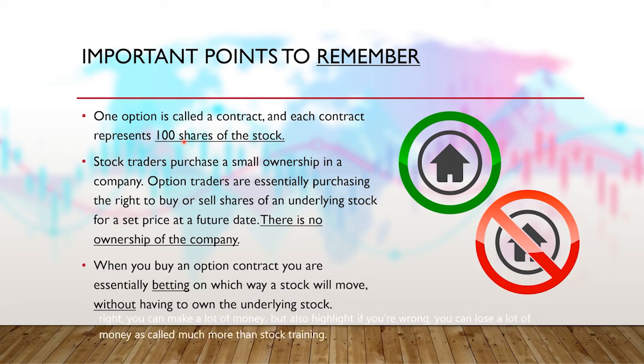So stock traders, as we talked about earlier, purchase a small ownership in a company. However, option traders are essentially purchasing the right to buy and sell shares of the underlying company for a set price in the future. However, as highlighted here, there is no ownership of the company.